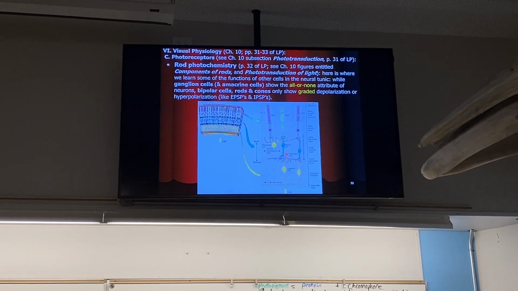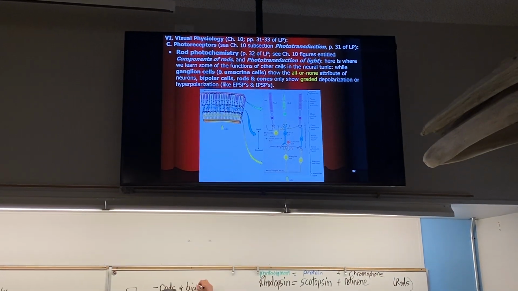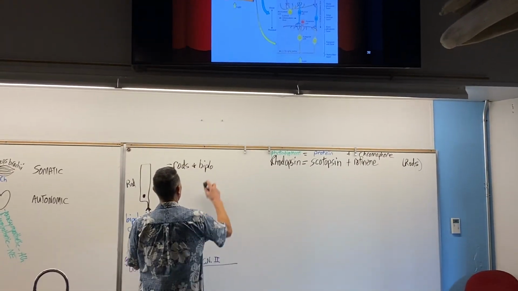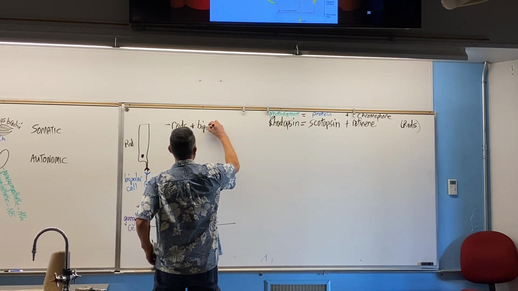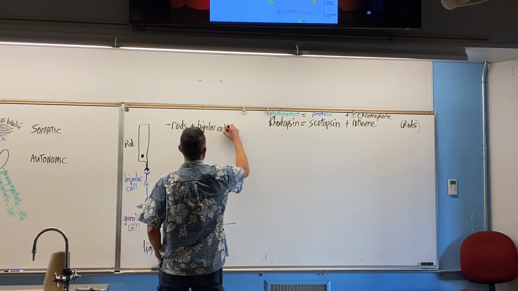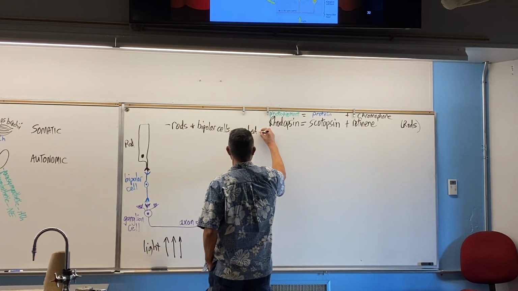First, you want to write down somewhere that rods and bipolar cells don't do action potentials. They are graded potentials only.